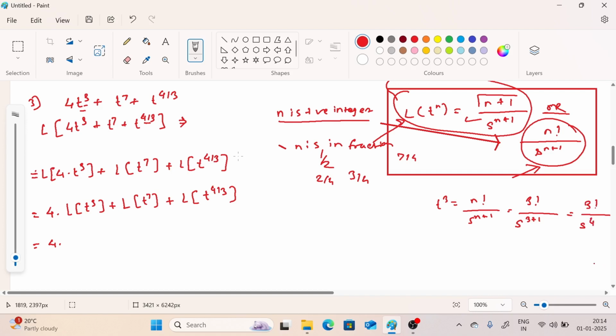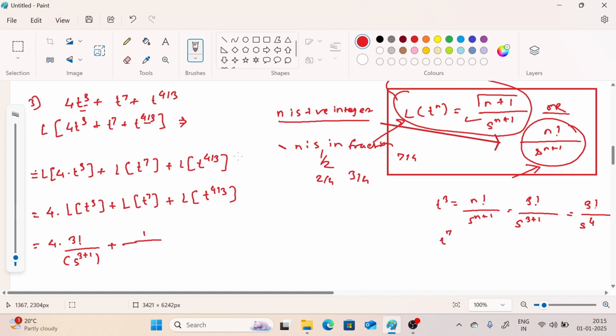So 4 times 3 factorial upon s raised to 3 plus 1, plus, now t raised to 7.